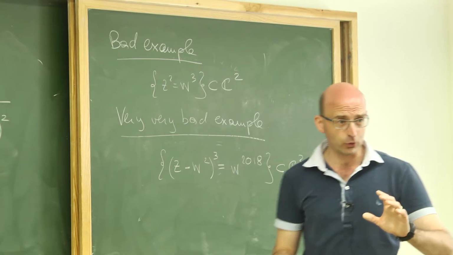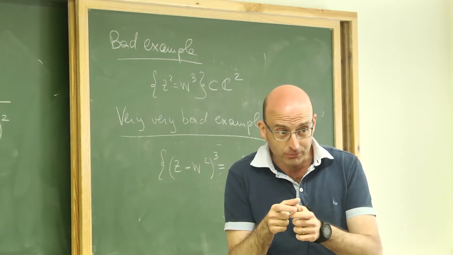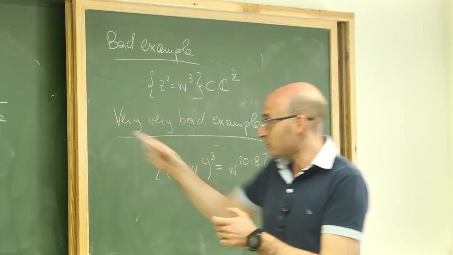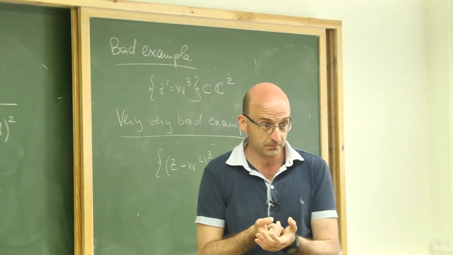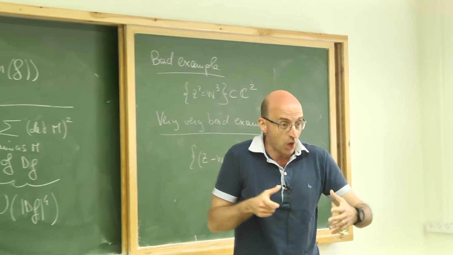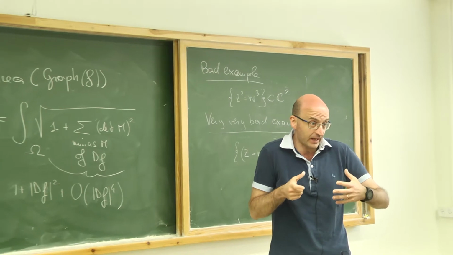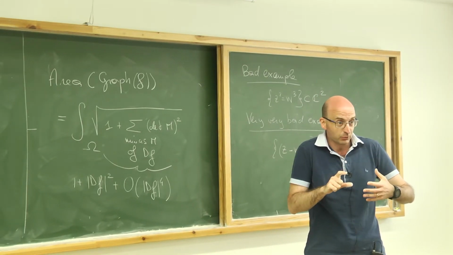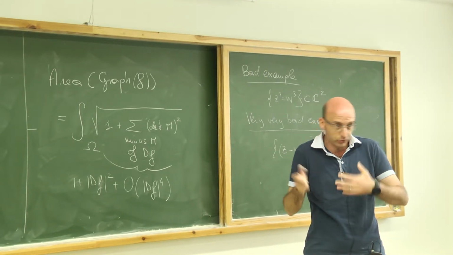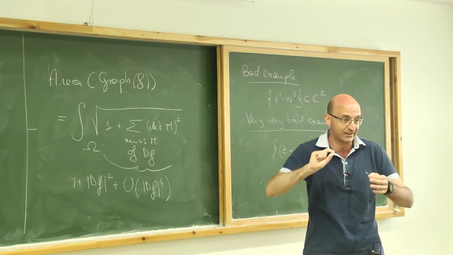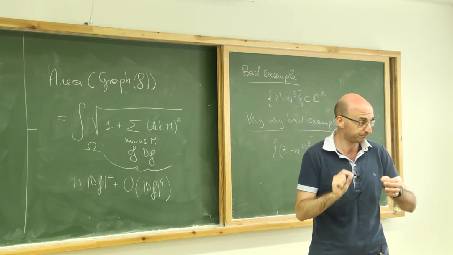Okay, now, if you fix every single branch, the Taylor expansion of the area functional is still correct. So in a sense, this object, you could think about it as a two-valued graph, which is minimizing a functional which looks almost like the sum of the Dirichlet energies of the two branches. Okay?